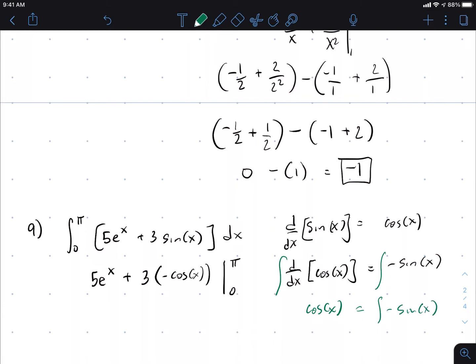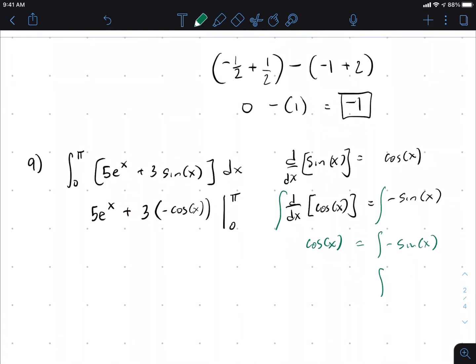What am I taking the integral of over here, though? Sine. So if I want the integral of sine of x, what has to go to the other side? Negative cosine of x. And here I should have added a plus c since it's indefinite.